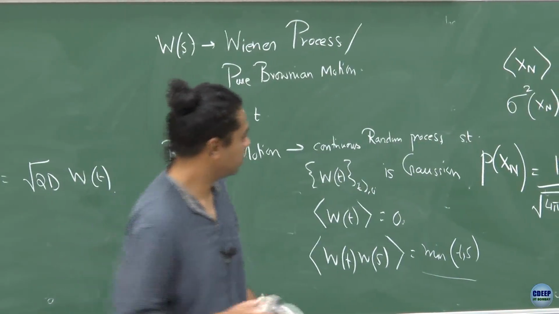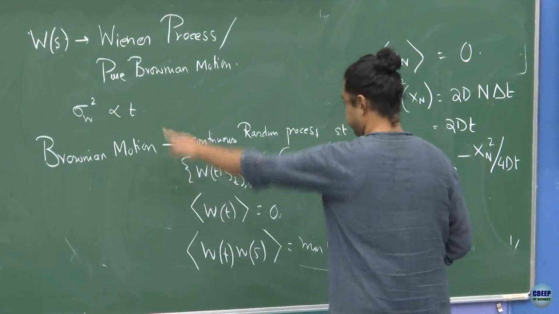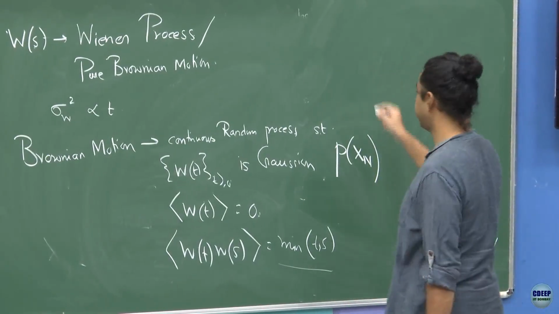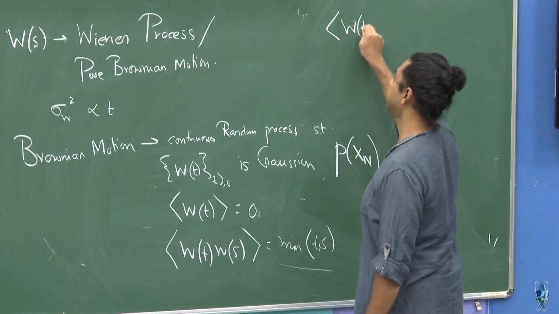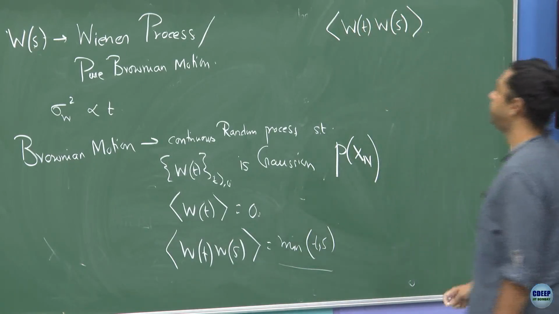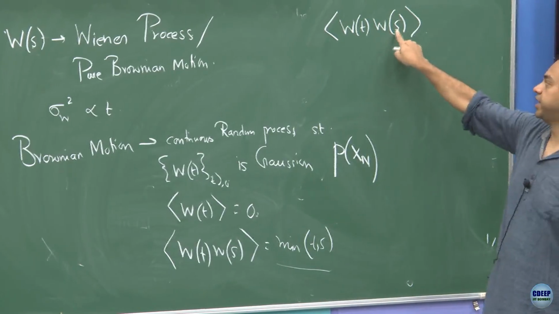So, remember the Wiener process, the variance is proportional to the time. If I want to calculate this correlation function, W of t, W of s, these are two time instants, time s, time t.